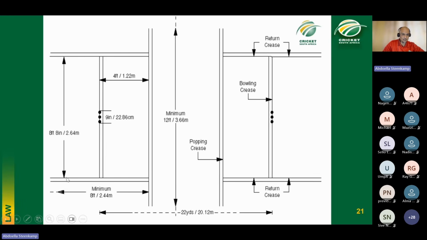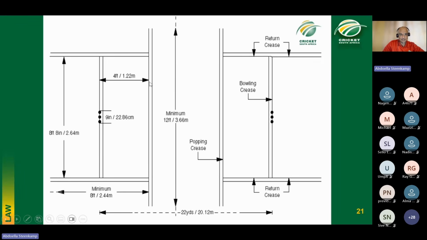And you'll take it up until the inside edge of the other return crease. And that needs to be 2.64 meters. Some other measurements, the stumps width 22.86 centimeters.